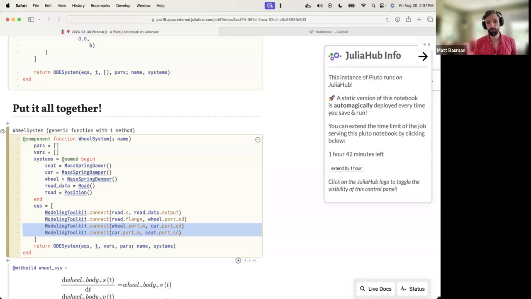Well, you can have an active suspension with a PID controller. What would that look like? And it's done exactly the same way with a component. I hope you'll be able to join us at our next webinar, where we'll extend this system and look further into control design within ModelingToolkit.